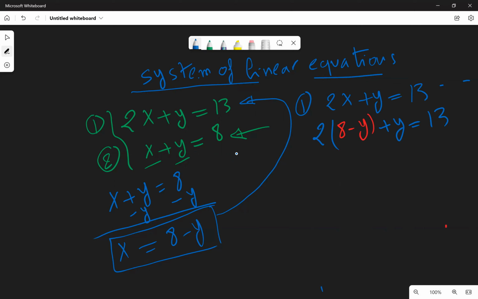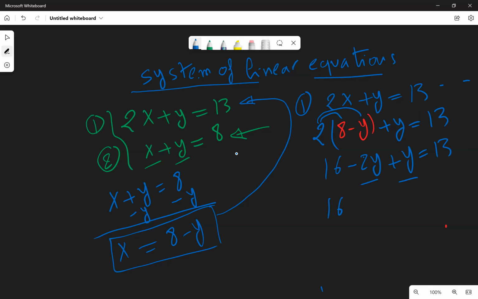So I have to distribute 2 to whatever is in the parentheses. So 2 times 8 is 16, minus 2y plus y equals 13. Now I'm going to combine like terms.